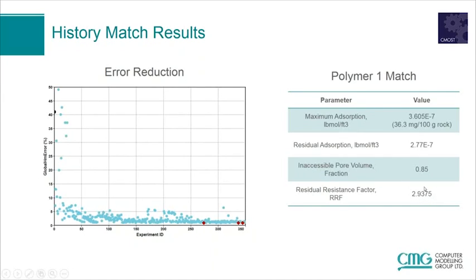And you notice that the RRF is this 2.9 value. Typical values for the RRF should be between 1.5 to a maximum of 4 or 5. Anything higher than that is probably not realistic, and there's something else going on in your core flood or in your model.